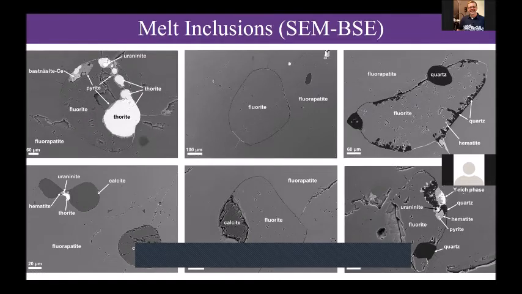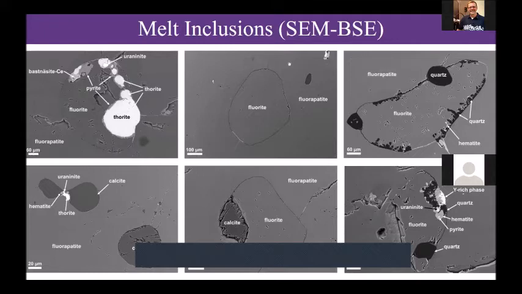In these polyphase melt inclusions of both fluorite dominant mineralogy and calcite dominant mineralogy, we have additional phases like thorite, uraninite, pyrite, hematite, bastnasite-Ce, other rare earth phases, including yttrium phases, and also some quartz.